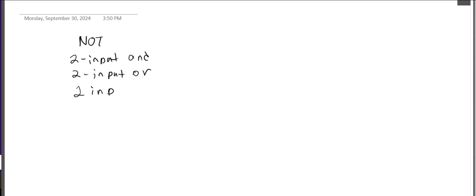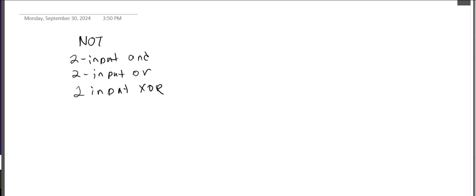Let's say we've drawn our circuit, and we needed some NOTs, some 2 input ANDs, some 2 input ORs, and let's throw in something fun, a 2 input exclusive OR.